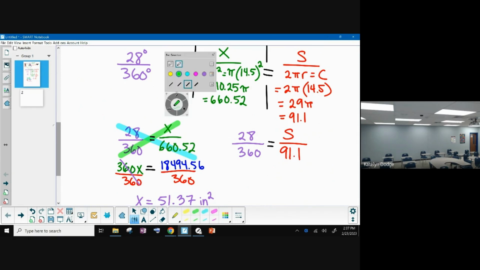And then we do as before. We're going to cross multiply. All right, 360 times S is just going to be 360S equals, I have 28 times 91.1, we have 2,550.8. Last step, we need to divide by 360.